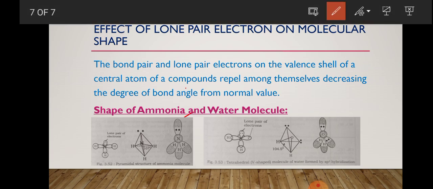Look at the figure, please. Here in the ammonia molecule, the central atom is nitrogen and it contains only one lone pair electron.